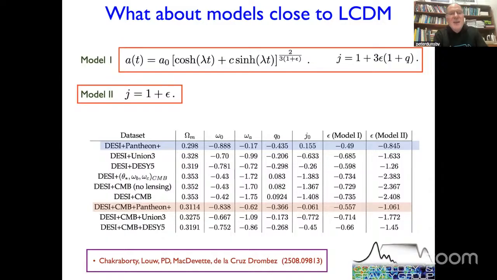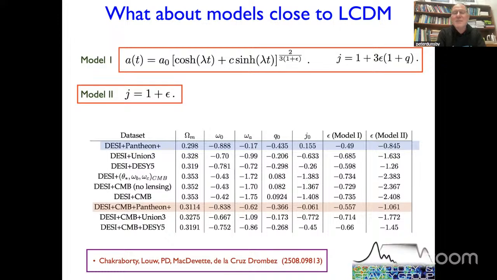What you can see here is that this is far from what we get. If we take the DESI results, for example DESI plus Pantheon plus, then you get an epsilon equal to minus 0.49. This is not small.